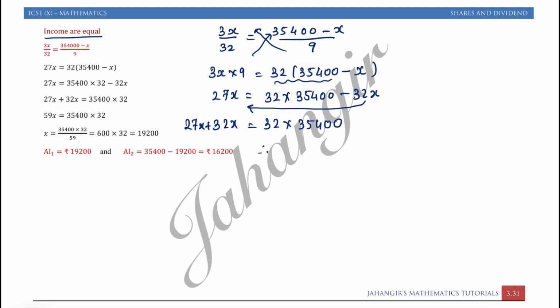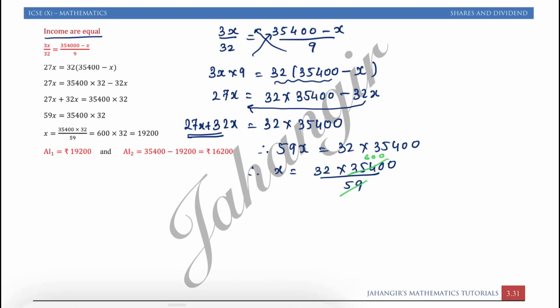So 32 plus 27 is 59. x is equal to 32 into 35,400 upon 59. Cancelling this, 59 ones are 59, 6 are 600.